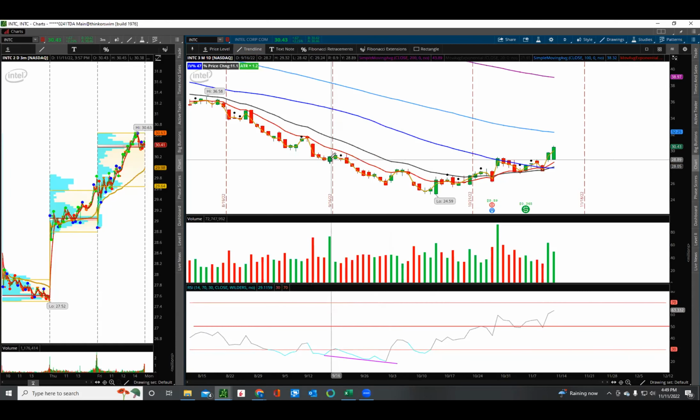Price is moving lower. RSI is also going lower. But then look what happens here. Price is moving lower. But what is the RSI doing? At the same time, it's going up. There's your divergence.